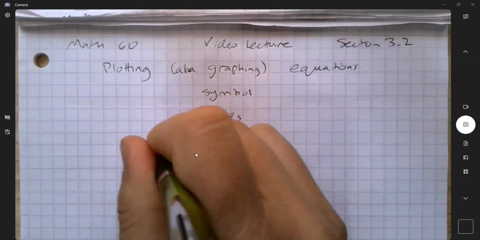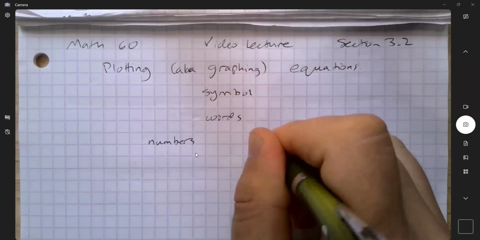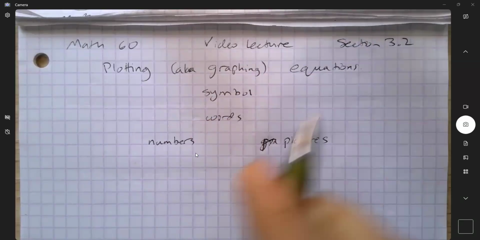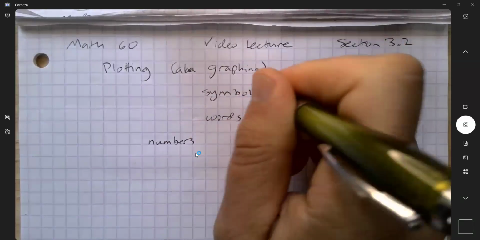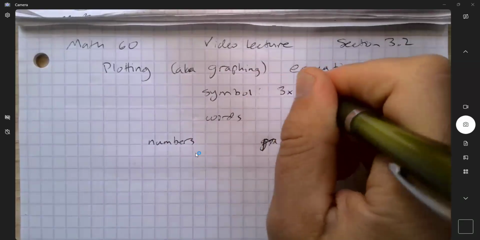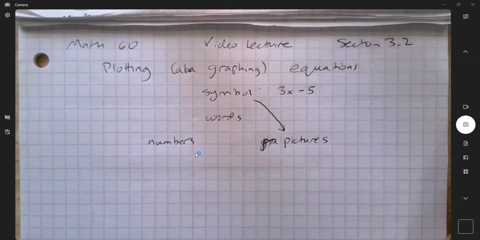So I've talked about these four most common representations, pictures. And when we graph an equation, we start with a symbol like 3x minus 5, and we want to get to a picture. We want to get to a graph.